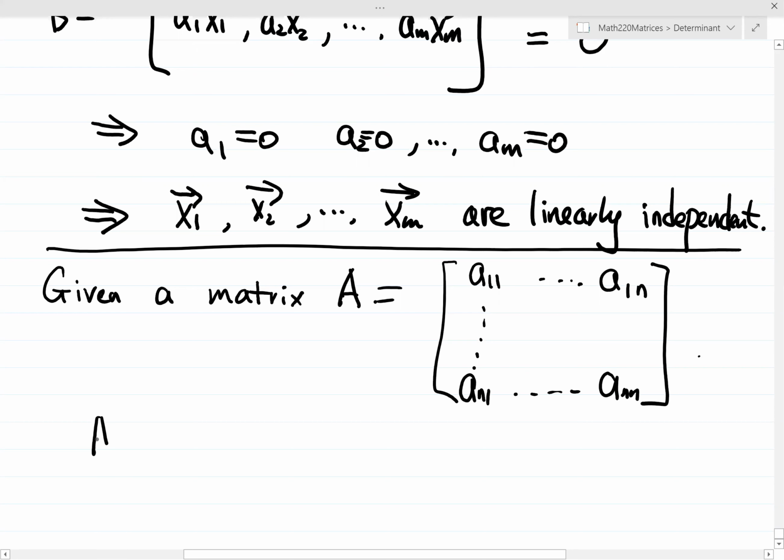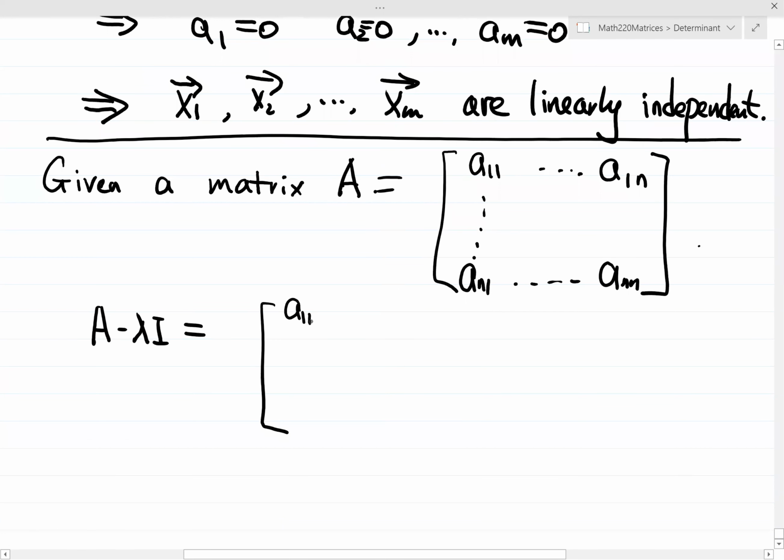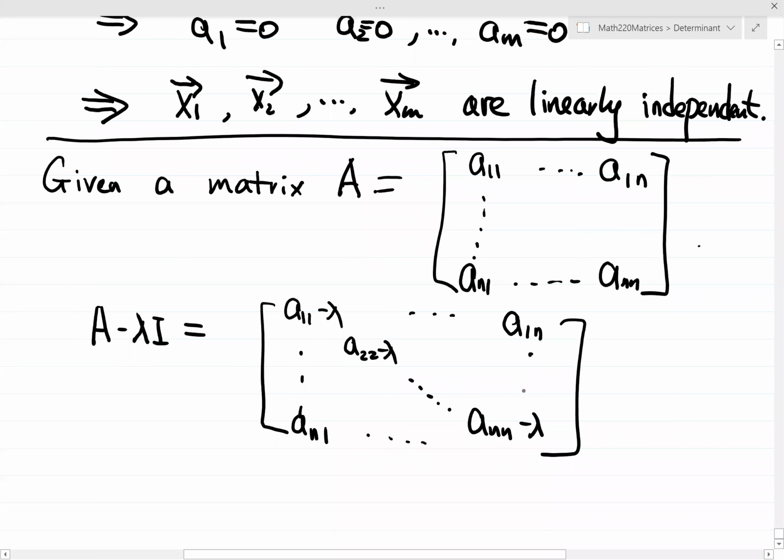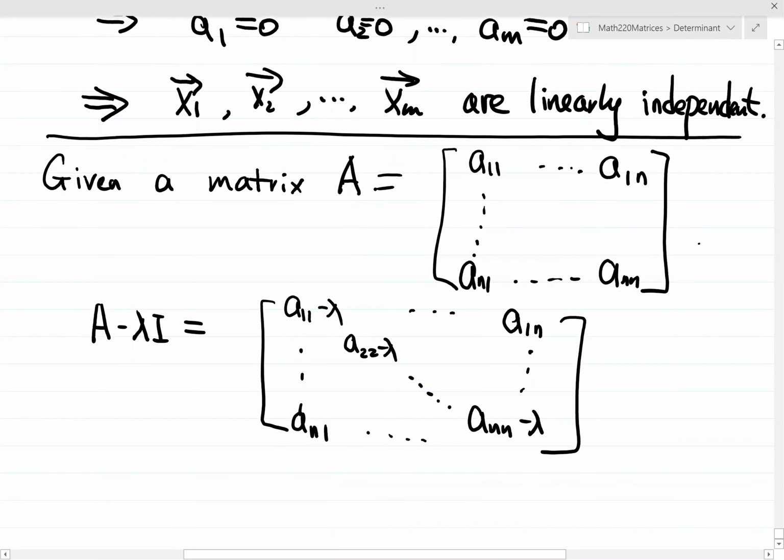Then A minus lambda I has the diagonal terms a11 minus lambda, a22 minus lambda, ..., ann minus lambda, and all other entries are kept fixed. Only the diagonal terms are subtracted by lambda.